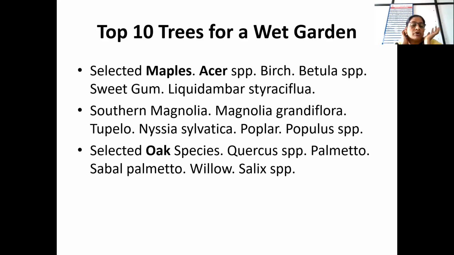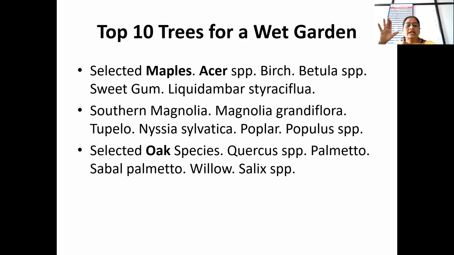This is not that important, but you can use such types of trees for constructing wetlands. You only need to take care, give a proper shape, give a slope towards the outlet, and then provide the liners on the inner side to avoid percolation of liquid into the nearby area and disturbing its water quality.